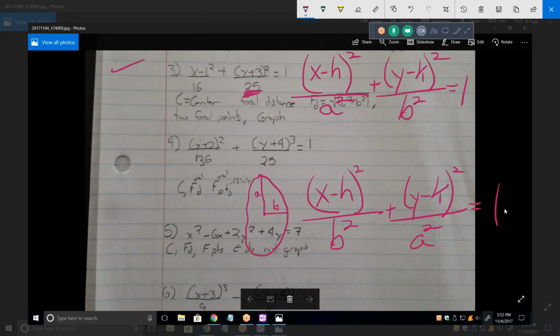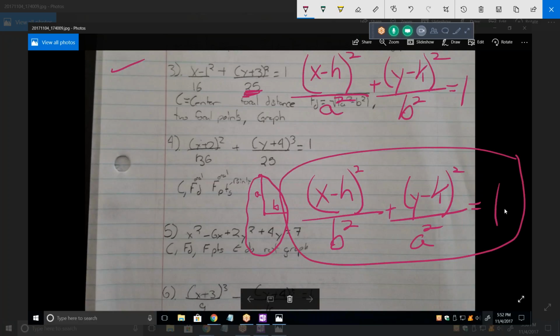Remember, A is always bigger than B. So if they give you a denominator under the Y term that's bigger than the denominator under the X term, then the denominator under the Y term is A squared. In other words, we're looking at that formula, not the top one.